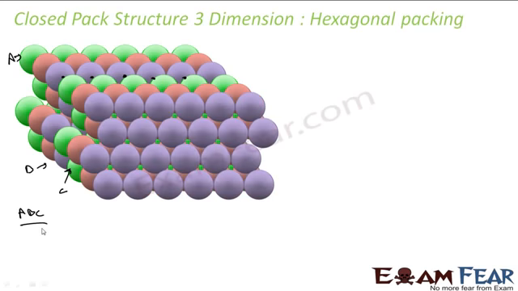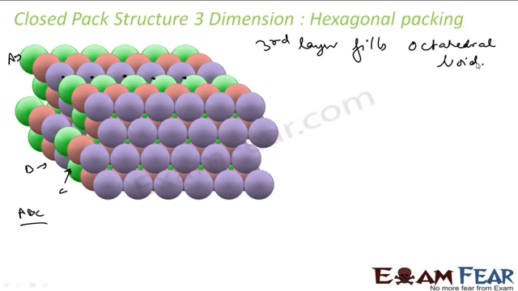Correct? Because the third layer now fills octahedral void here instead of tetrahedral void. Correct? So in this case, the third layer arrangement is different from first or second. So there is a different arrangement called C. So it's called ABC packing.